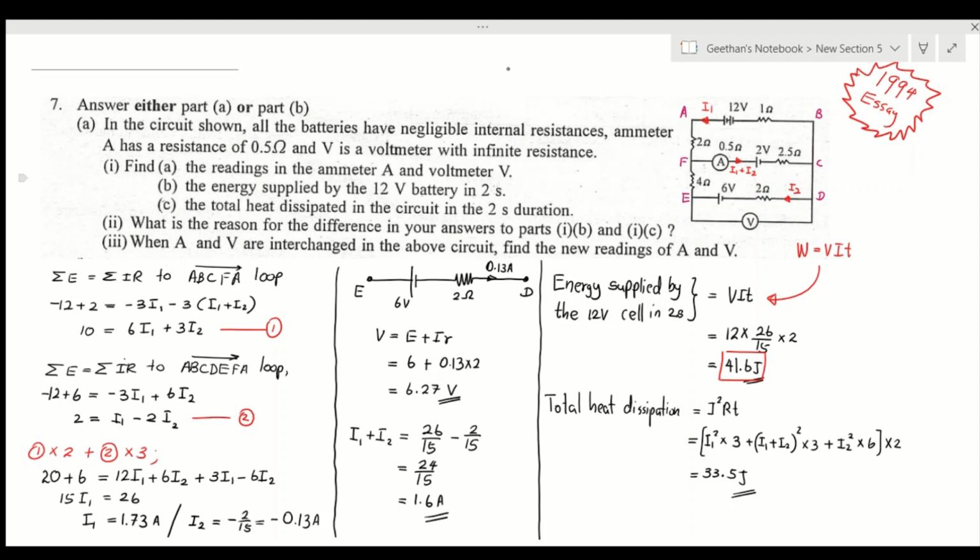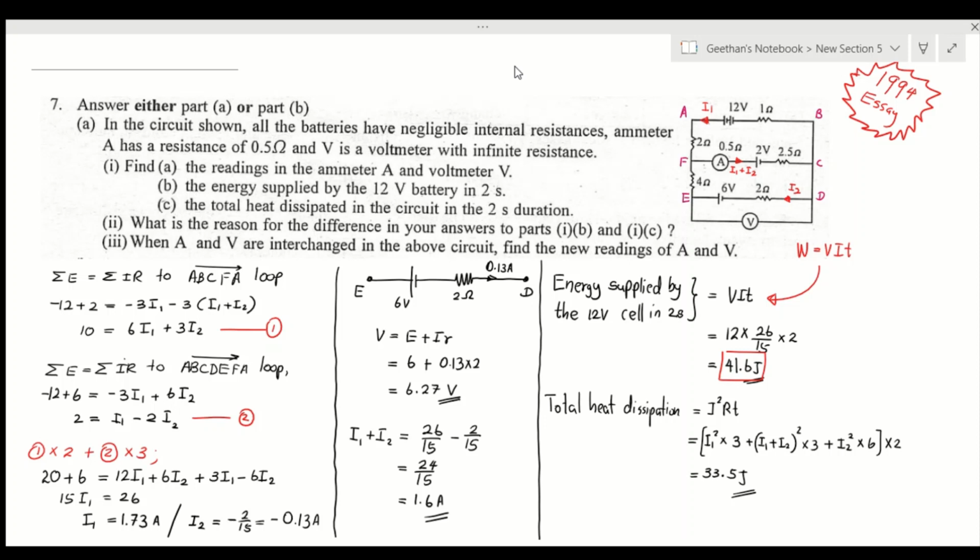And now they ask why there is a difference in the answers of part B and part C. For part B you got 41.6, but the total heat dissipation is 33.5.